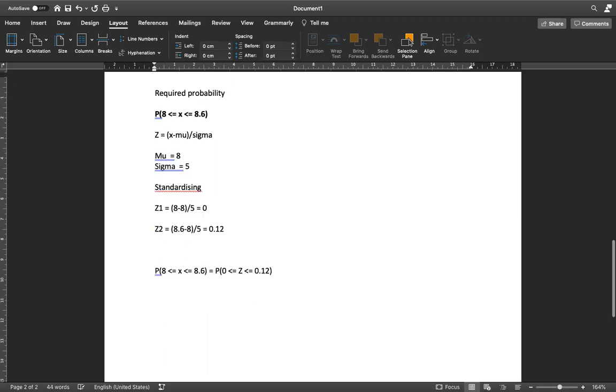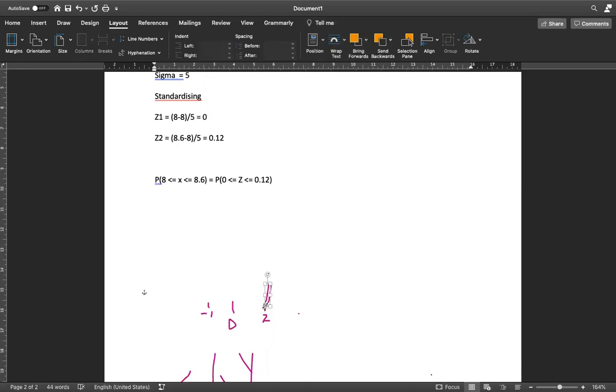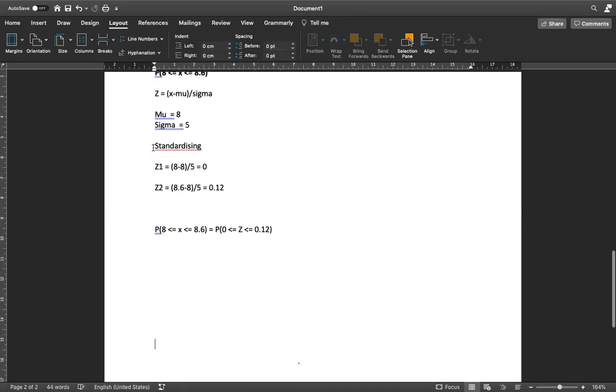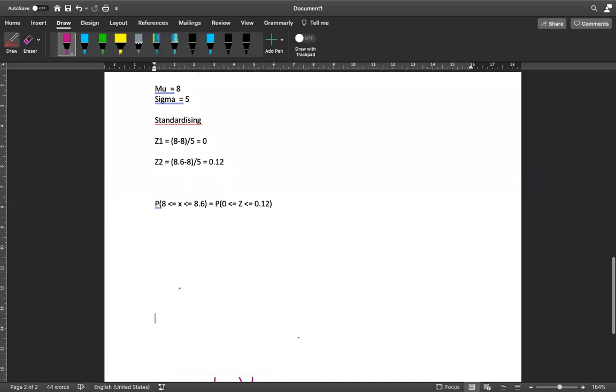Now let's draw this distribution. I can either draw the X or I can draw the Z, but I want us to draw the Z. I know that 0 is somewhere in the middle here, and the 0.12 will be at the right side.